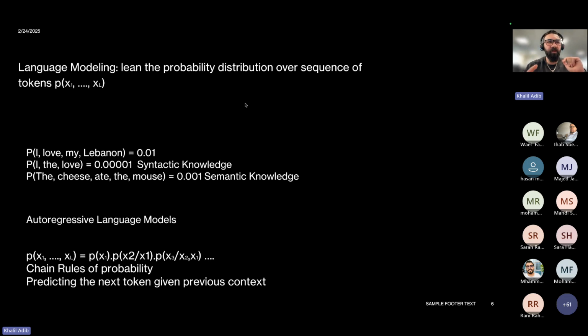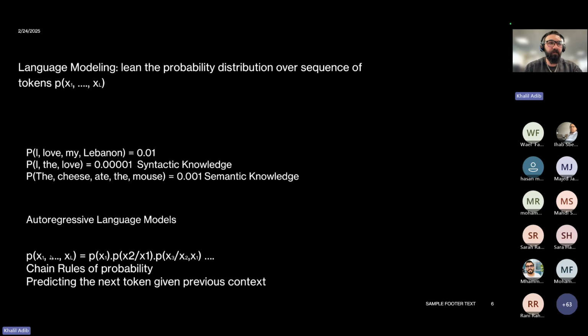If I want to put it in another context, as I said, we have types of LLMs, and in the industry the most famous one is the autoregressive models, which means given a sequence of tokens, we have to predict the next one based on the previous ones.